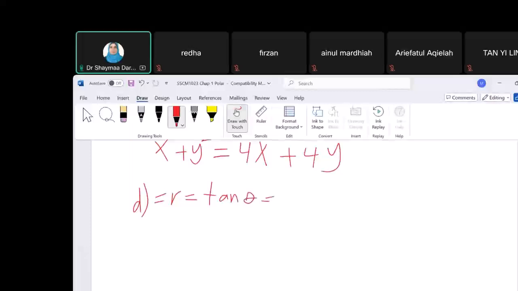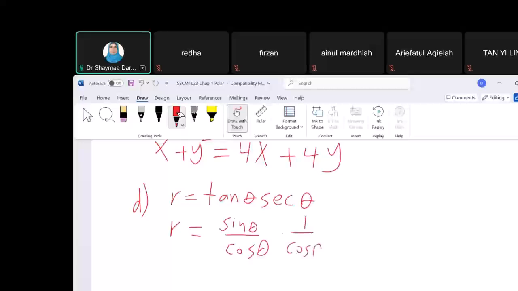Next, r is equal to tan theta sec theta. Tan theta is equal to sine theta over cos theta, and sec theta is 1 over cos theta. Then by multiplying like this, r cos squared theta will be equal to sine theta.